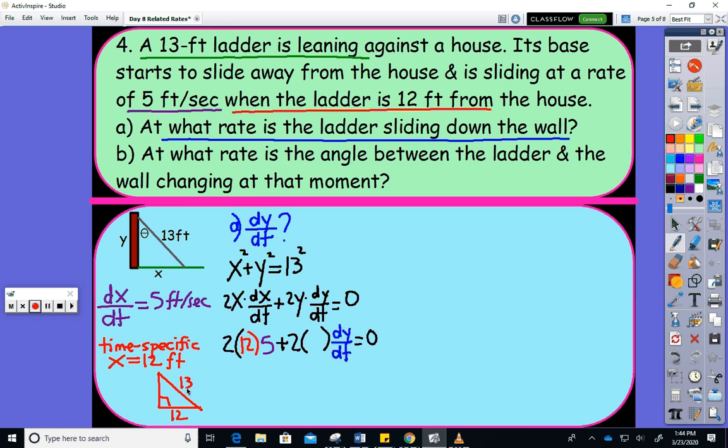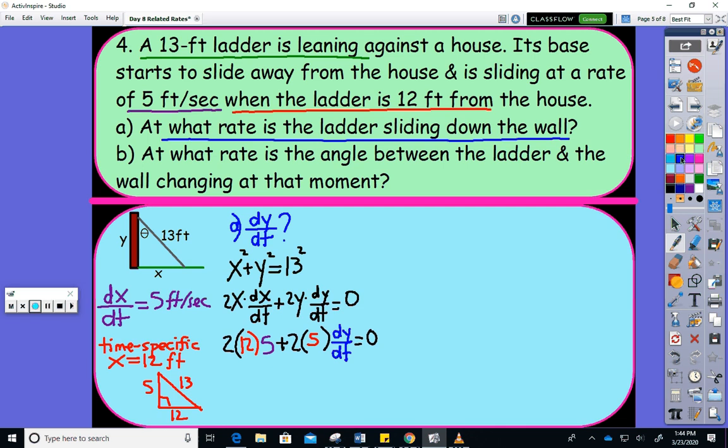I can see at that point in time, when the ladder is 12 feet from the wall, the ladder must be 5 feet up the wall because I've got a 5, 12, 13 right triangle. Sometimes they'll give you time-specific information about one variable, and you can use it to figure out time-specific information about another variable. So guys, I am ready to rock and roll.